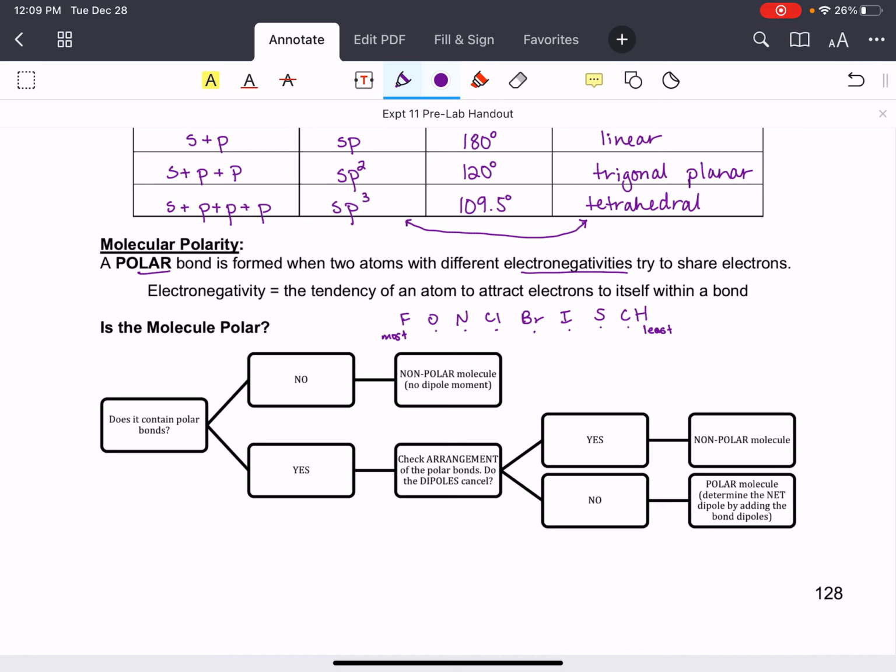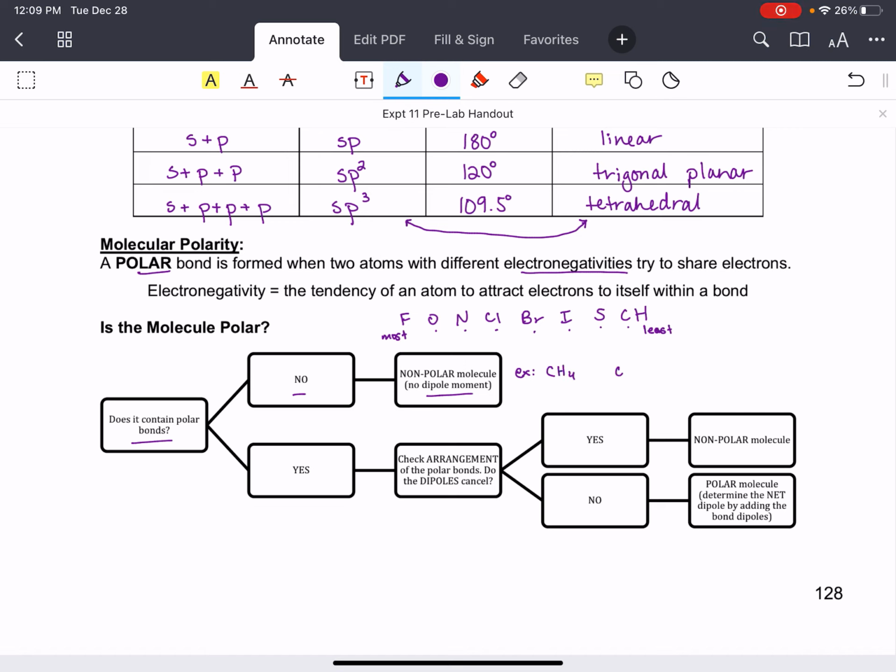So when you're deciding if your molecule is polar, you first have to decide, does it contain polar bonds? If the answer is no, and your elements have the same electronegativity or very similar, then it's going to be a nonpolar molecule. So a good example of that would be CH4.